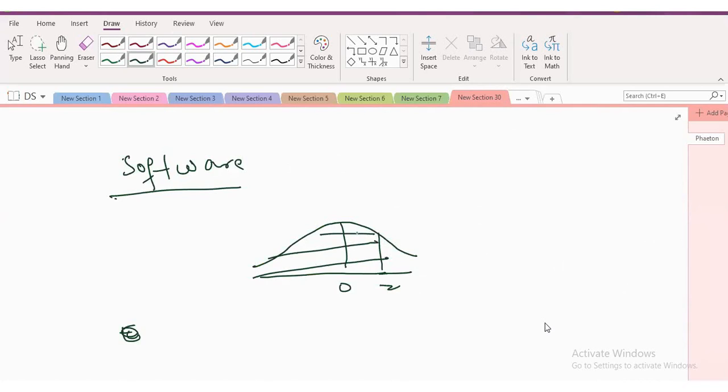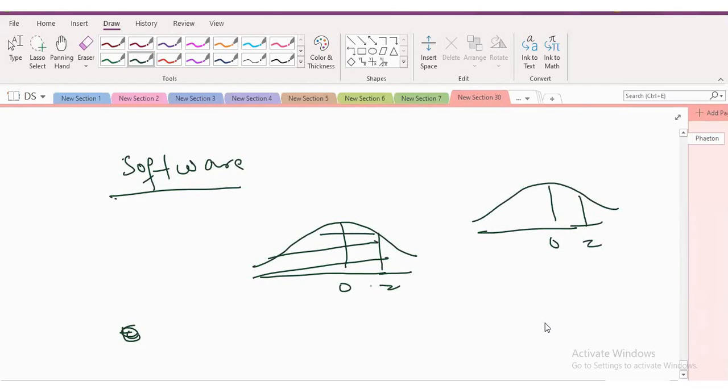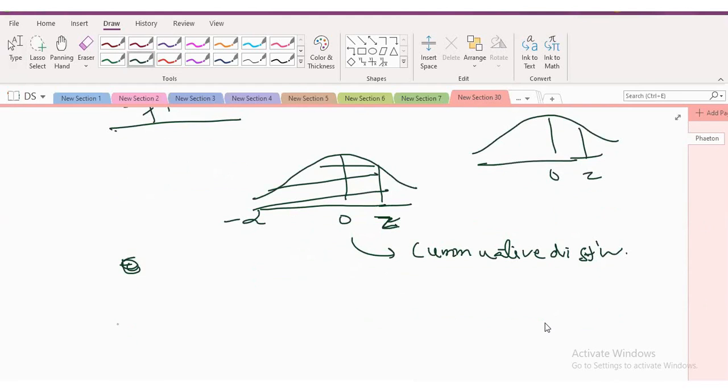Now, in the physical table, what we got? We got from 0 to that Z value, but in software, what is it going to give? Minus infinite to that Z value. All with me? It is going to give cumulative distribution. Okay, so what is this cumulative distribution? NORM.DIST is the function.